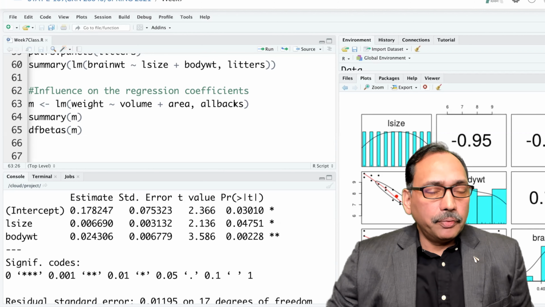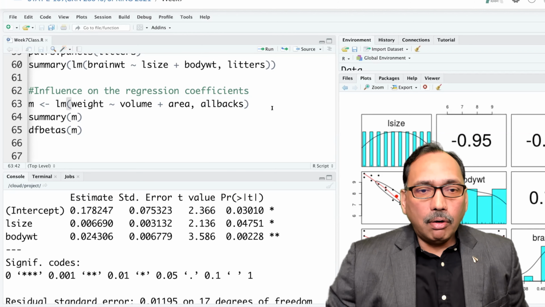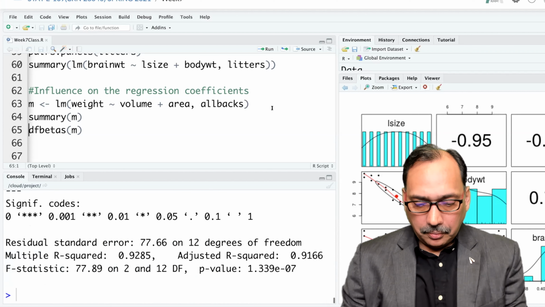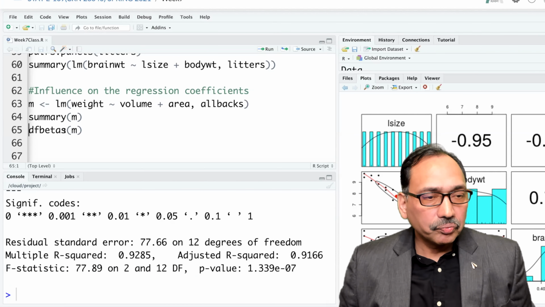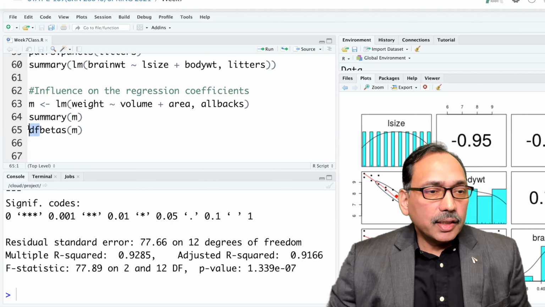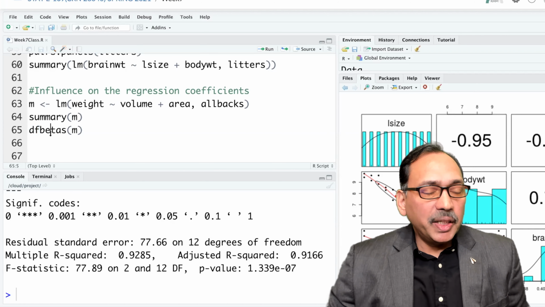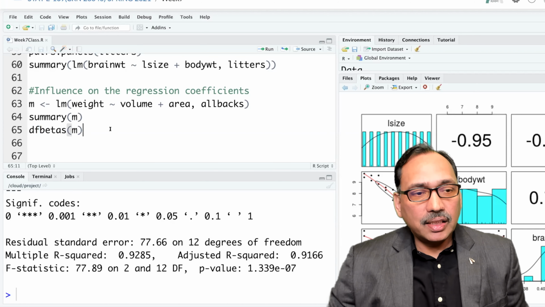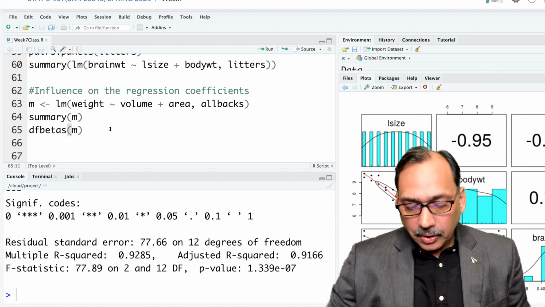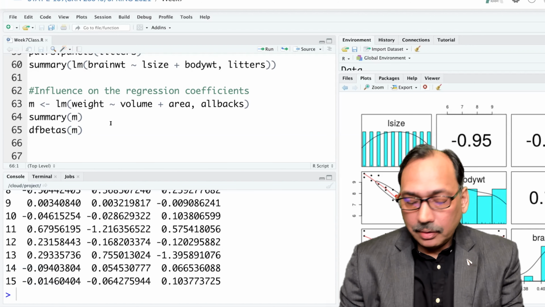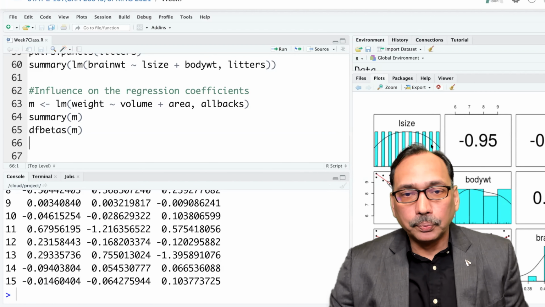For example, if our model is based on the allbacks data that we used earlier, there is a function called dfbetas, difference in betas. This one automatically does all the calculations for you.